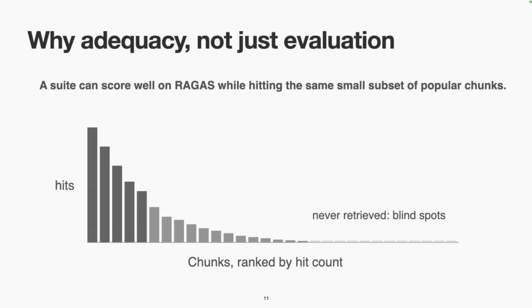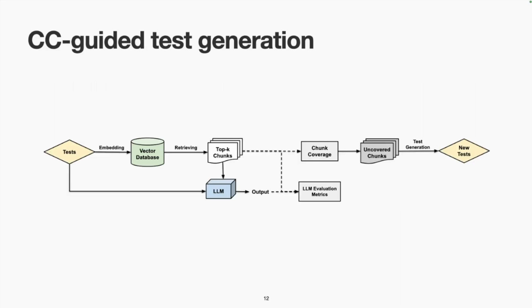So we want to target such a gap by proposing this new coverage metric. With chunk coverage, we can guide test generation by targeting uncovered chunks. After calculating the chunk coverage, we will know which chunks are uncovered, and based on these uncovered chunks, we can guide additional test generation.